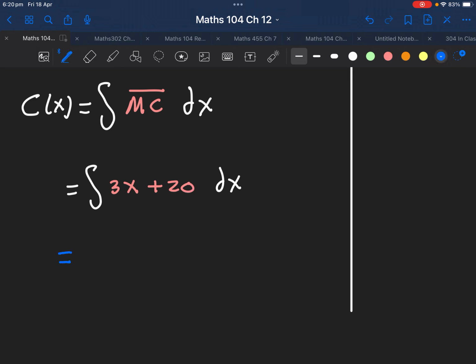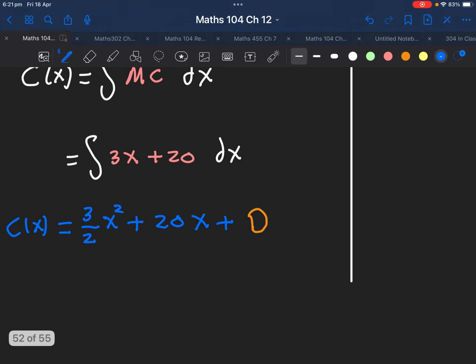Now what's the integration of x? It will be x squared over 2. That's the integration of only x. Of course, because there is a 3 here, this 3 will remain where it is. Plus, remember, if we do the integration and we don't have x, we just need to add x. So it will be 20x plus the constant of integration, which I will call d. And that's C of x.